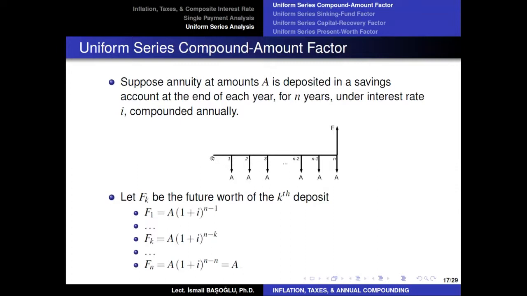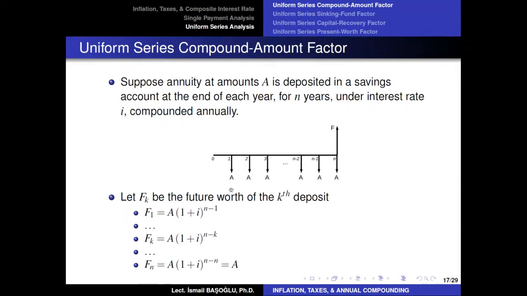If we deposit an equal amount at the end of each year for n years into a savings account, and if that savings account is compounding or investment with an interest rate I per year, in that case, what would be the total accumulated amount at the end of the n years? Okay, so the question is basically asking this.